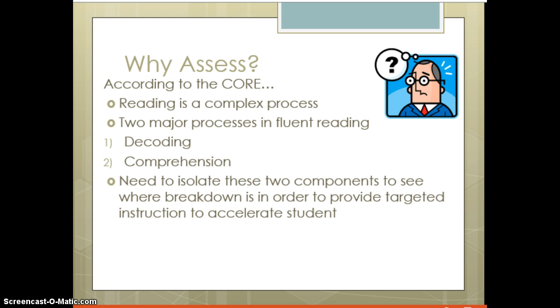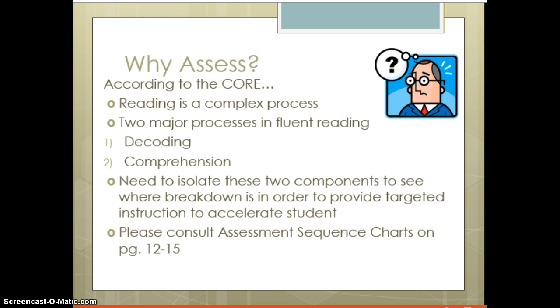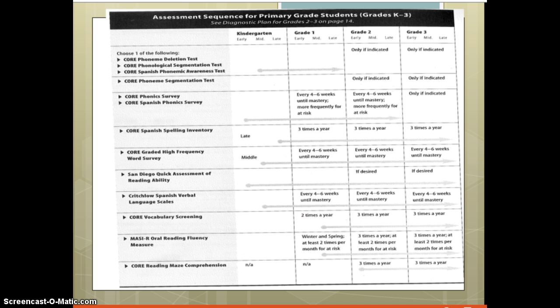And they feel there's a need to isolate these two components to see where the breakdown is. If you know where that breakdown is, you have a better likelihood of providing more targeted instruction to accelerate student achievement and student learning, which I cut off the last word. Sorry about that.